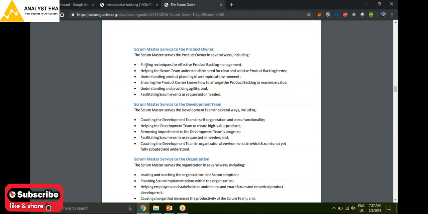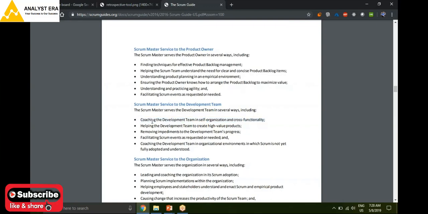These are the expectations of the Scrum Master with the product owner. What should he do with the development team? These are his responsibilities. Instead of going through each line, I'll just go through a couple of things. He should be coaching the development team so that they can be self-organized and cross-functional. So he should be the coach.